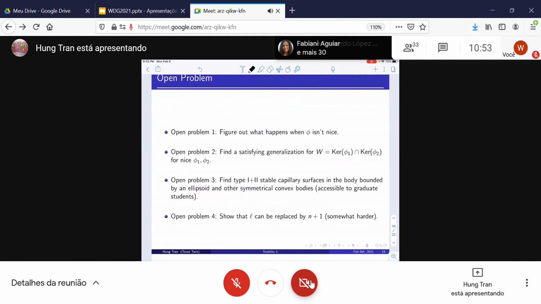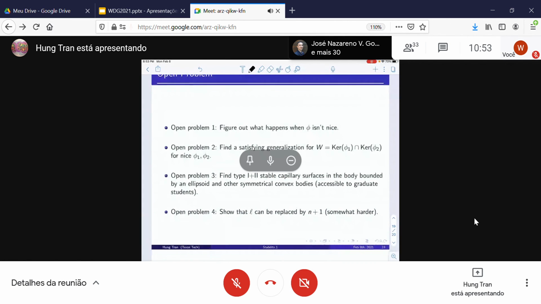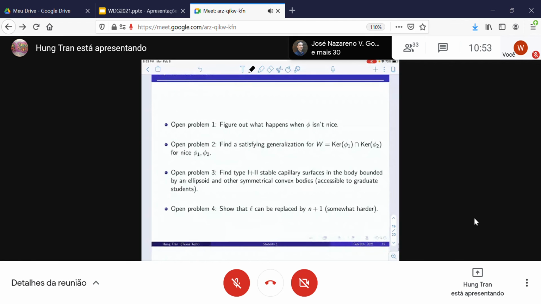This is something to do with functional analysis, and it's quite intriguing. I talked with a few functional analysis people, and they don't really have a clear answer to this question either.